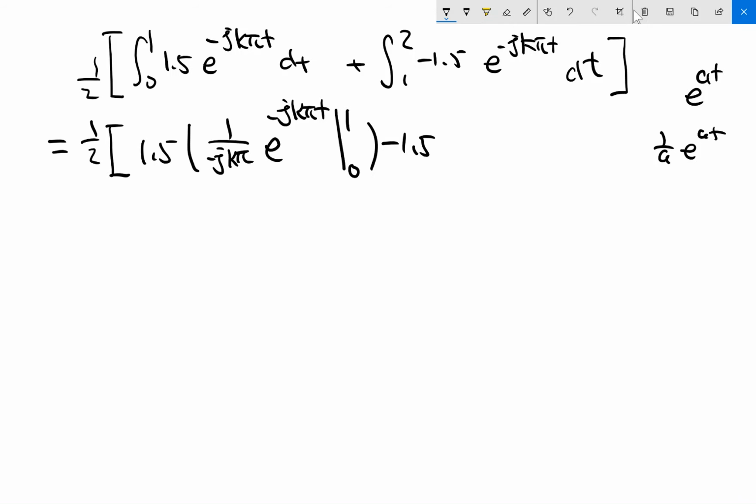It's minus 1.5, 1 over minus j k pi e to the power of minus j k pi t from 1 to 2.